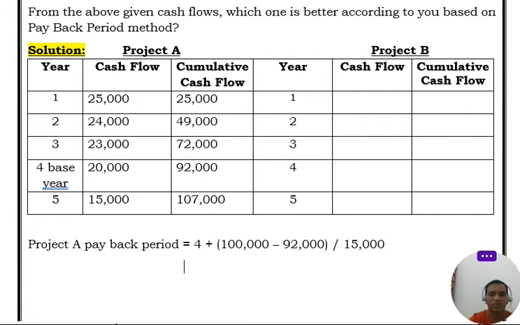One more step: 4 plus (100 minus 92), that is 8,000, divided by 15,000. That equals 4 plus 8,000 divided by 15,000, which is 0.53.